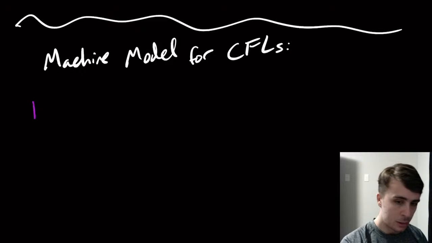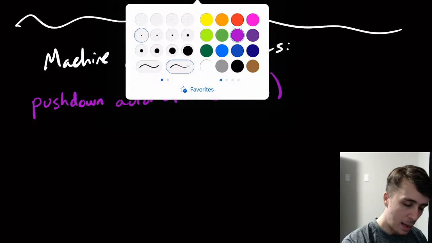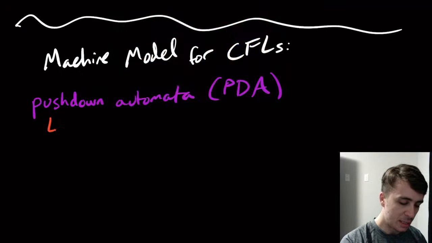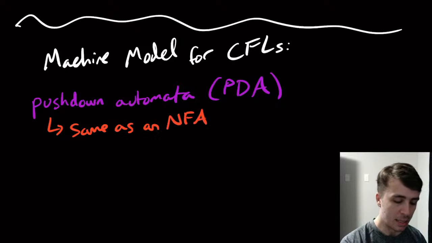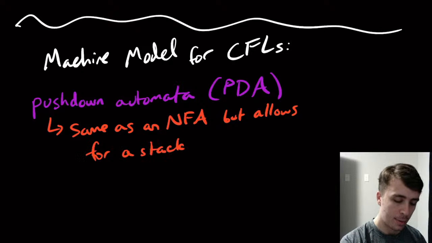So these things are called pushdown automata, abbreviated PDA. It is the same as an NFA, in what it can do at least, but allows for a stack and operations on the stack.